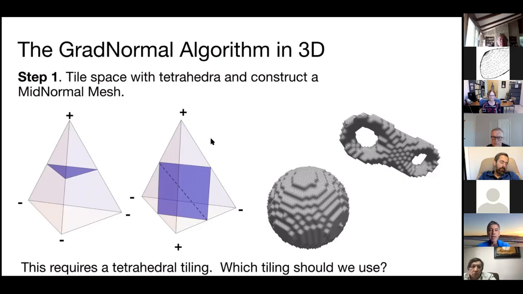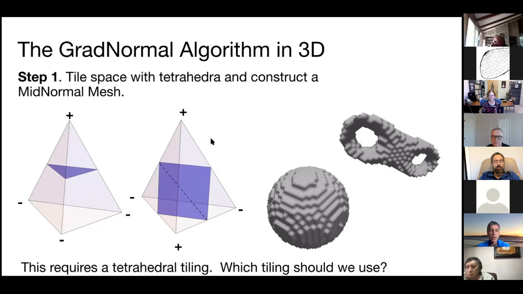So step 1 is you take this surface, and let's say we're given a function on R3, and the 0 level set is what we want to approximate, what we want to triangulate or approximate by triangles. So if you look at that tetrahedron on the left, we're looking for the 0 set. Some of the vertices will have positive values and some will have negative values. So some will be on one side of the surface and some will be on the other side.